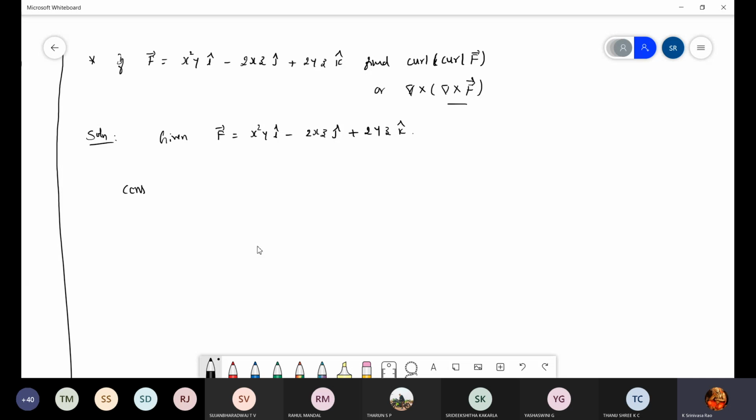Consider curl f equals determinant of i, j, k. Components of the first vector are dou by dou x, dou by dou y, dou by dou z, and now the components of our problem: x square y, minus 2xz, plus 2yz. Simplify. I'll give some time.